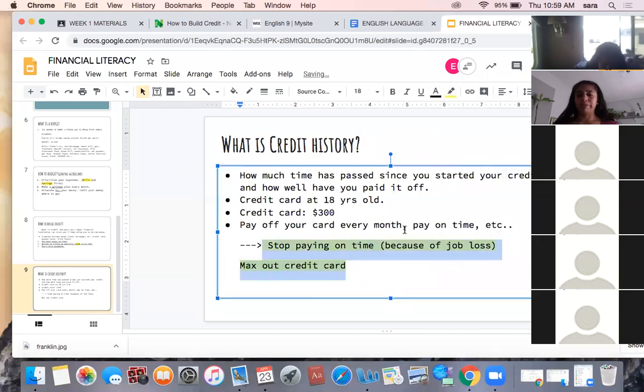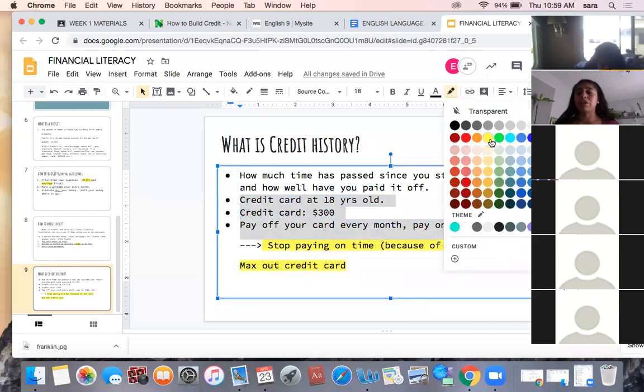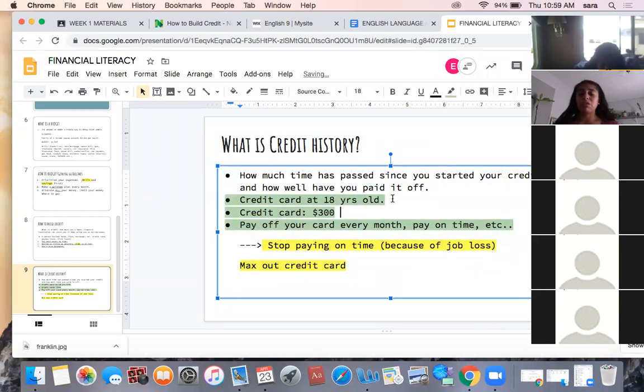Let me highlight that. You were doing really good. You got out of high school. You got this little credit card to start your credit. Make sure that, you know, you had really good thing. But then somewhere along the lines, you lost your job and you couldn't afford to pay back the money that you borrowed each month. And by the way, $300 per month.